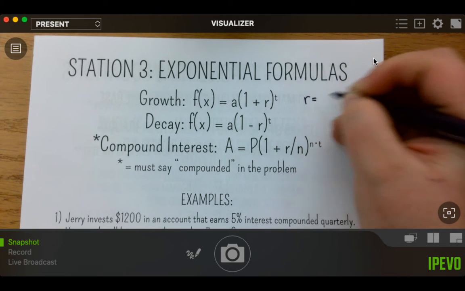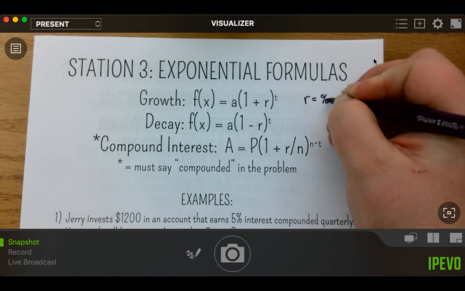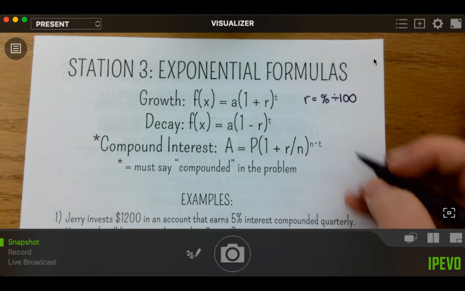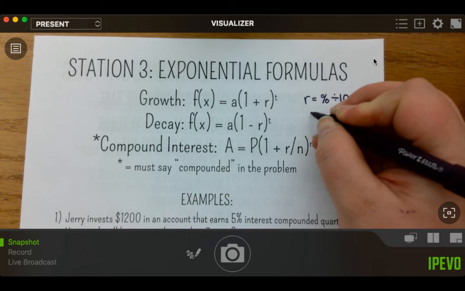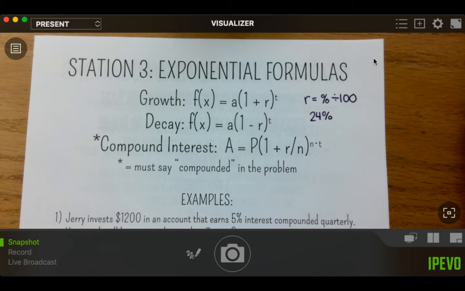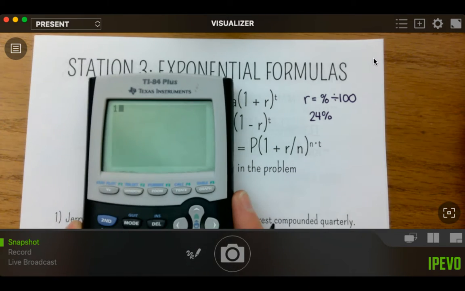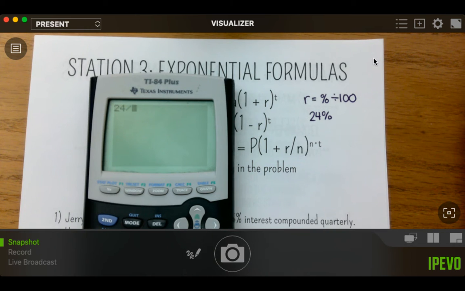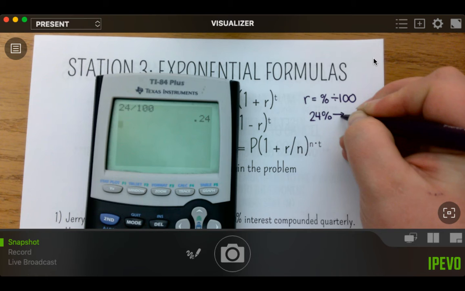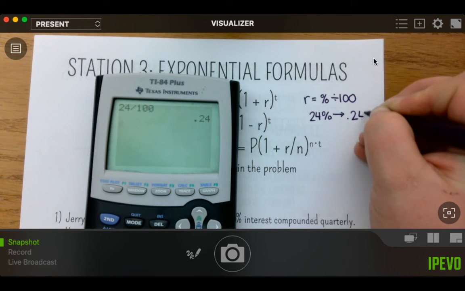For r, you need to take the percentage and divide by 100. So for example, if your percentage is 24%, 24 divided by 100 is 0.24. So when you go to plug it in, it'll be 0.24.